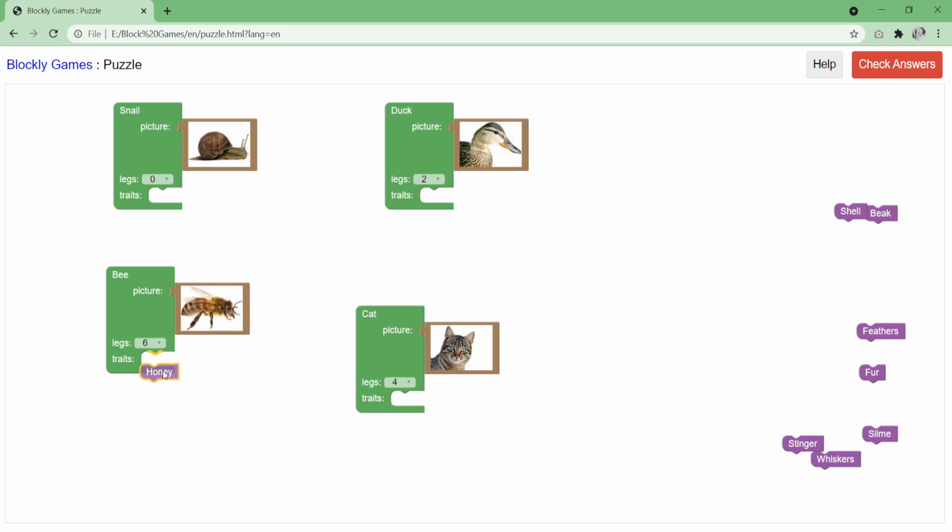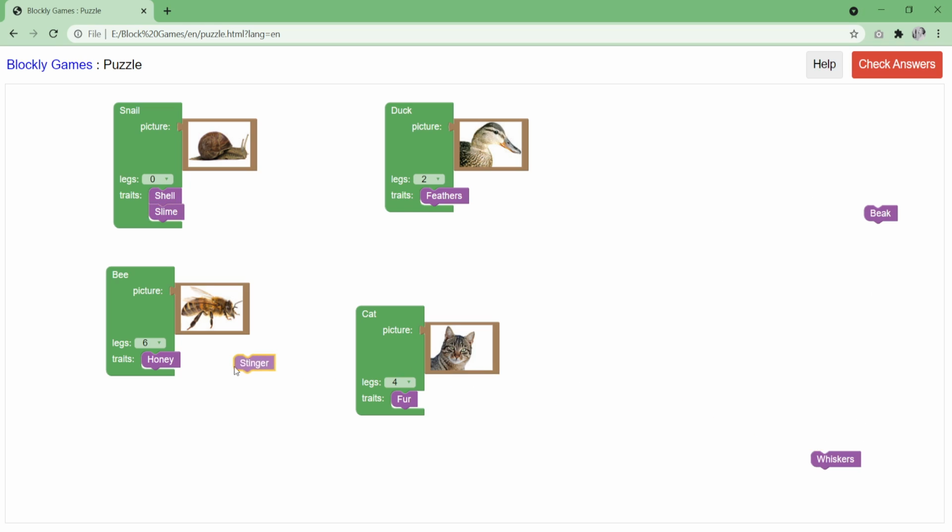Then the traits: the shell for the snail, the feathers for the duck, the fur for the cat, slime, then we have here stinger, the whisker, beak.